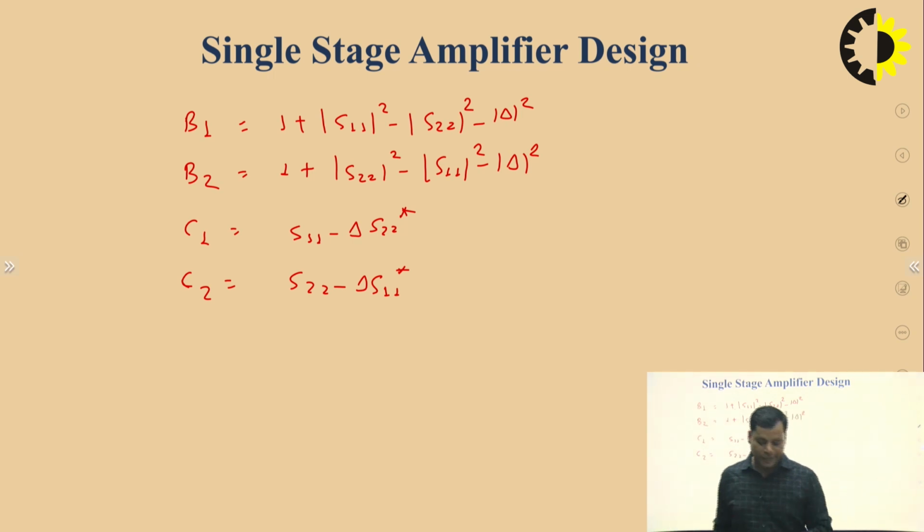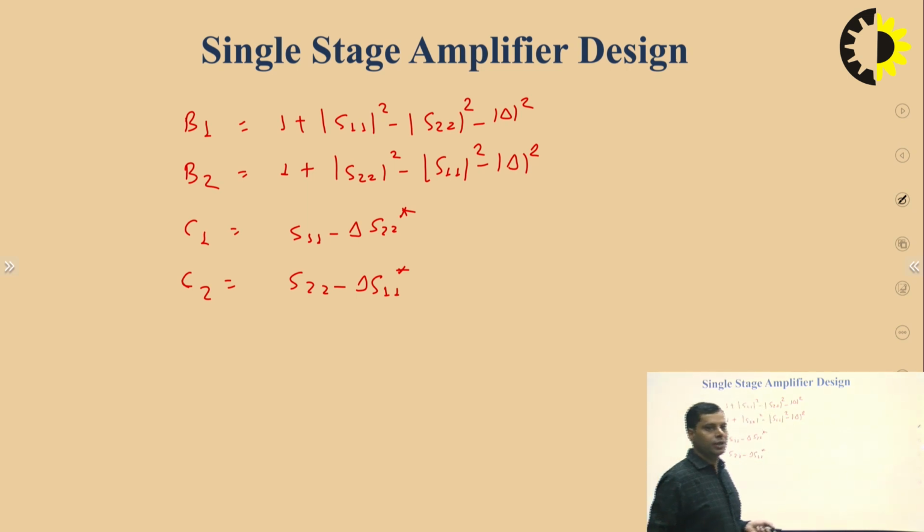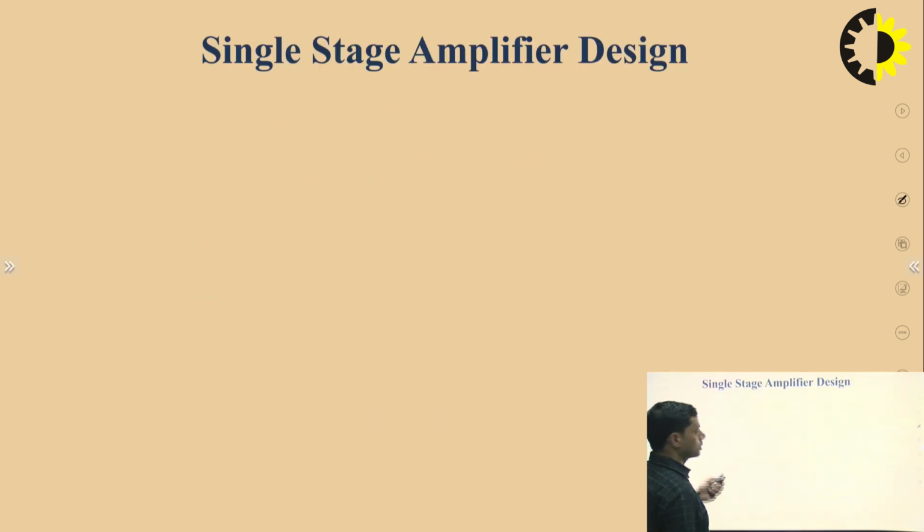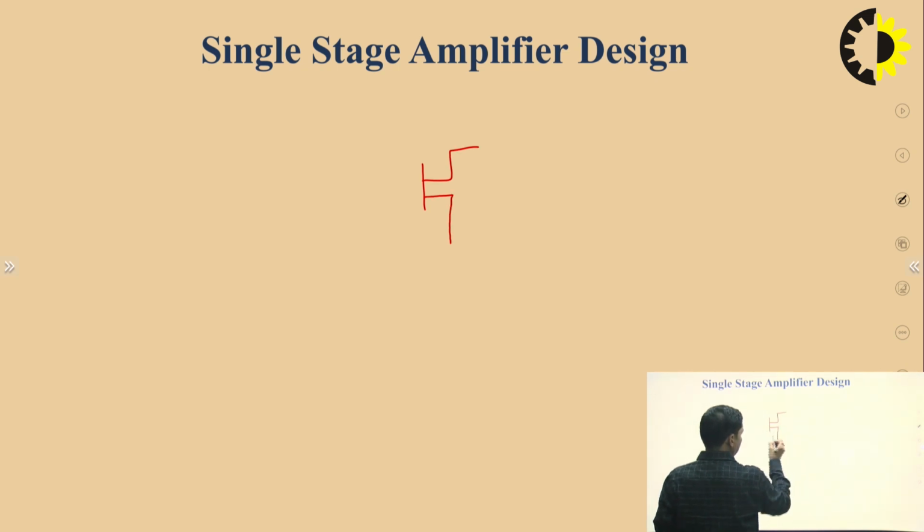After getting these values B1, B2, C1, C2, we can plot them onto the Smith chart, and after plotting we can design the amplifier circuit. How will it look? For that I am using one circuit. Let's say the transistor is given as this, this part is the input matching, and this is the output matching.